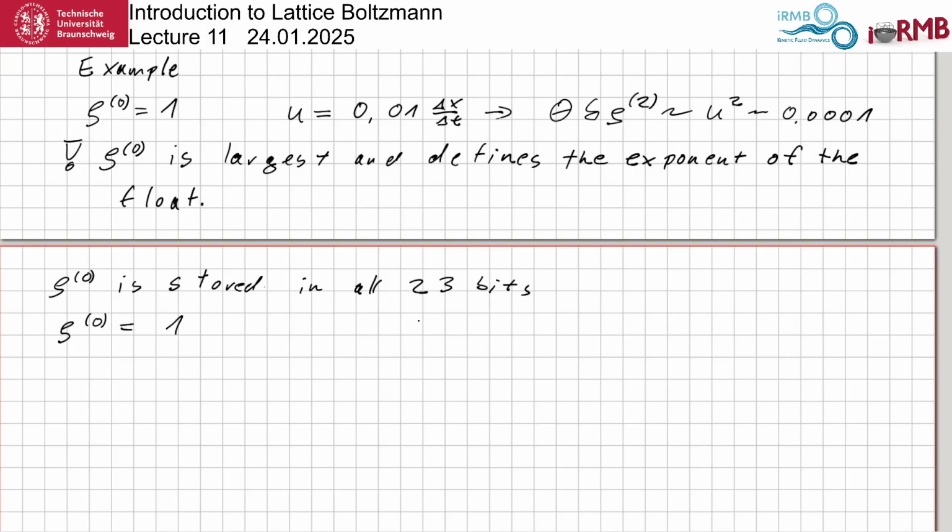The only thing is you need some trick to actually store a 0, where you somehow use the exponent together with this, because if you always assume there's a 1 in front, you cannot store a 0.